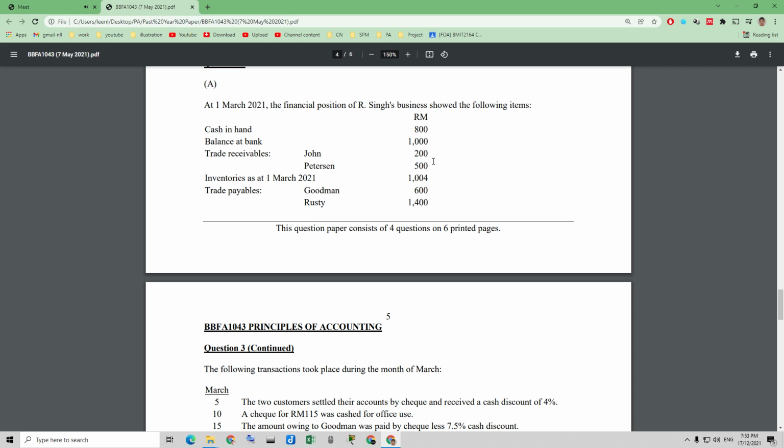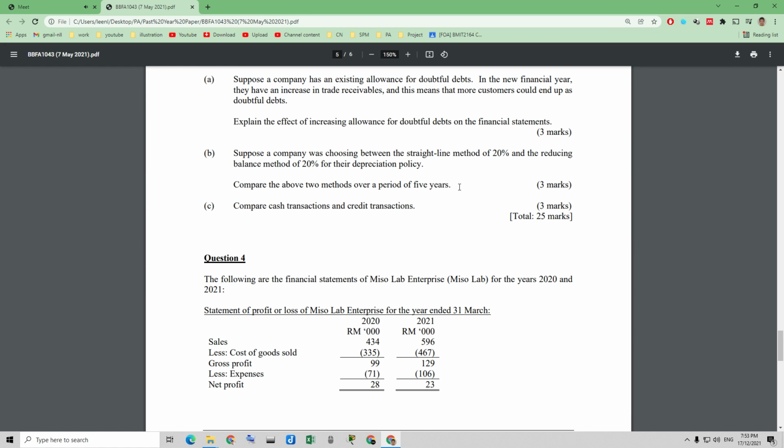So in that case, the doubtful debts is considered as revenue. All right. Then chapter 8, inventory. So inventory, you must know how to prepare first in, first out, average cost.